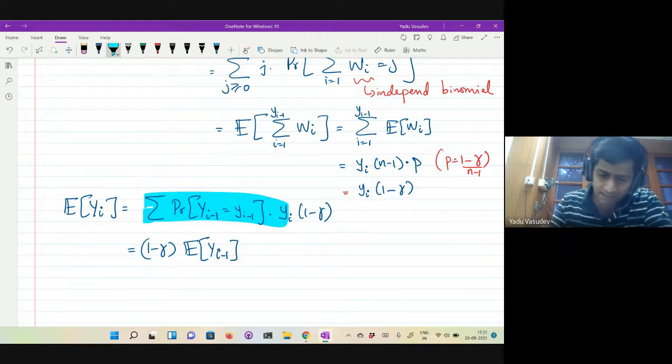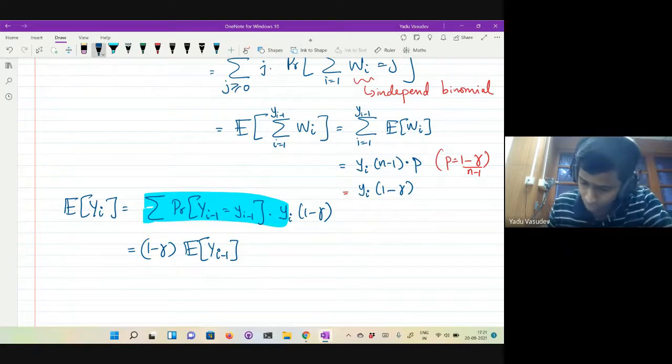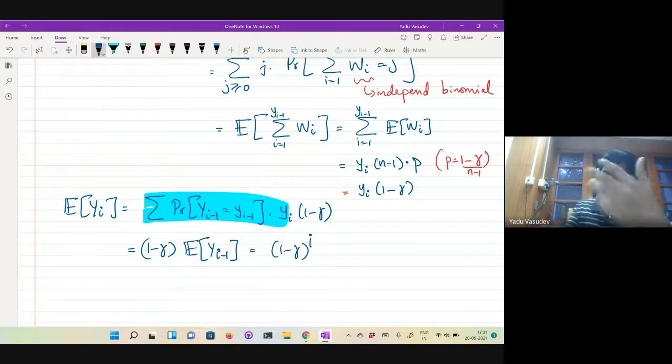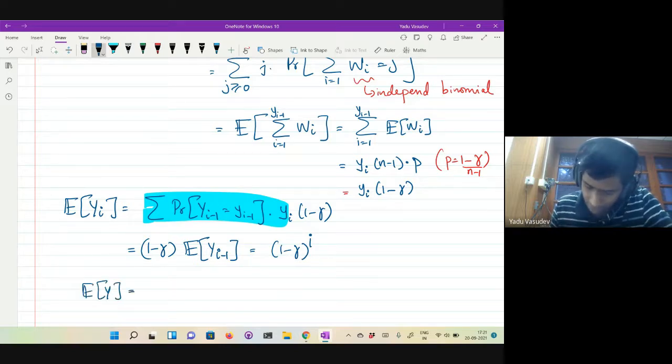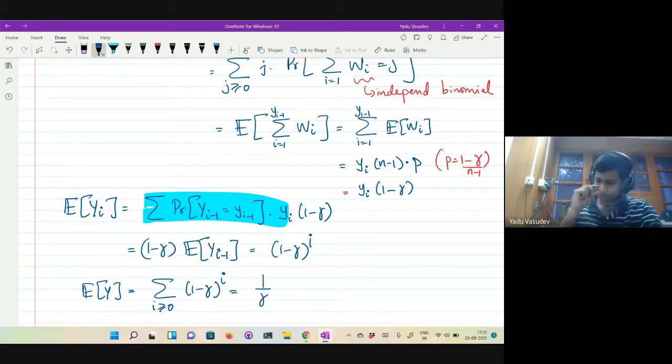If you keep continuing this recursively, writing the expectation of Y_{i-1} in terms of Y_{i-2} and so on, you will get that this is 1 minus gamma to the i. And therefore the expected value of Y is the summation over i greater than or equal to 0 of 1 minus gamma to the i, which is equal to 1 over gamma.